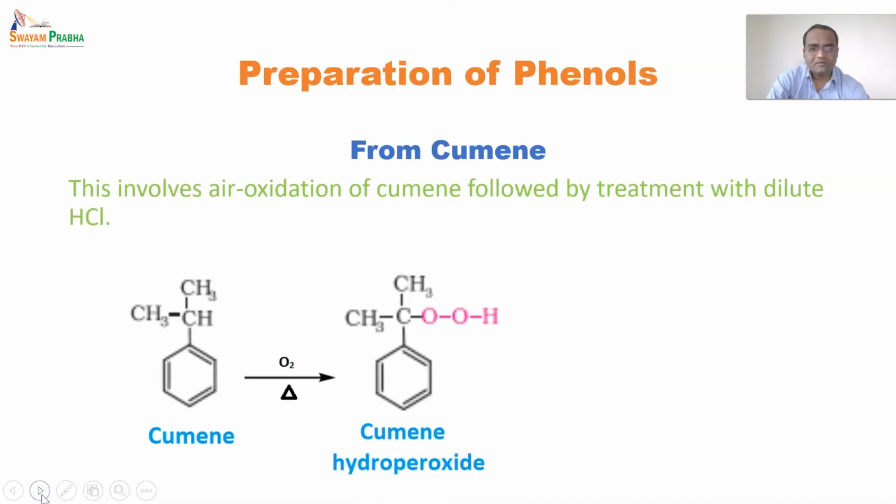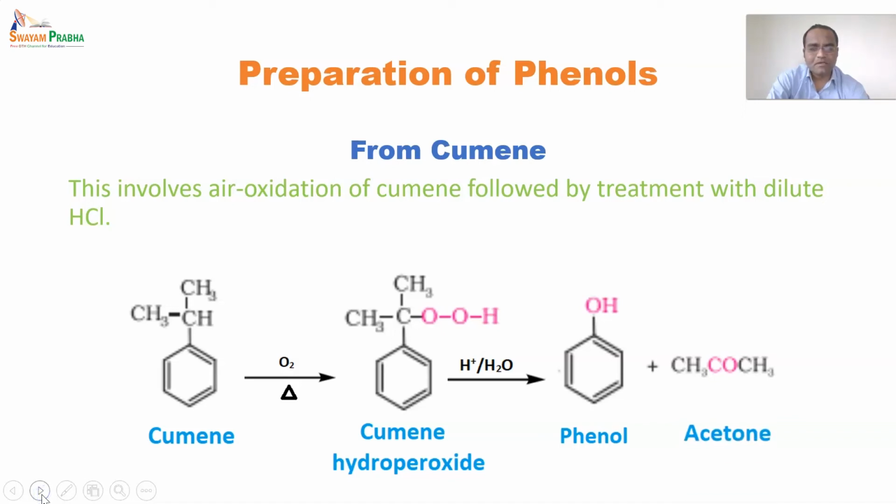So oxidation of cumene forms cumene hydroperoxide, and after treatment with acid and water it forms phenol. And this process has one more advantage, that it forms acetone as a byproduct. So most phenol is prepared this way, because acetone is also an important byproduct with the phenol.